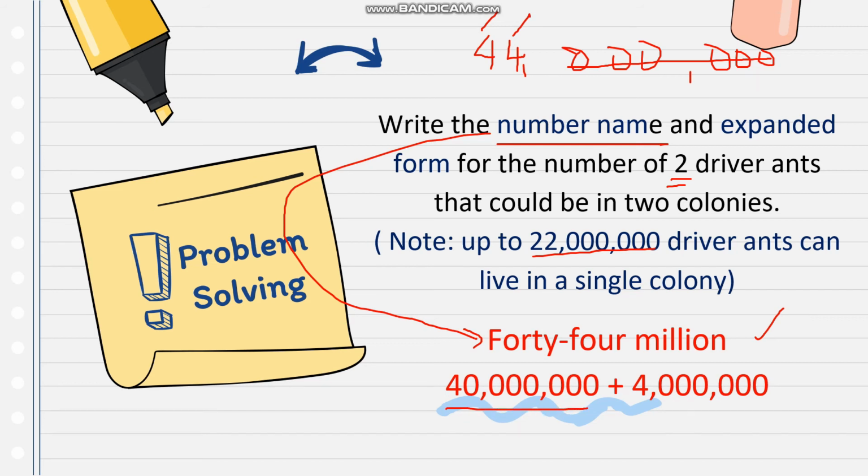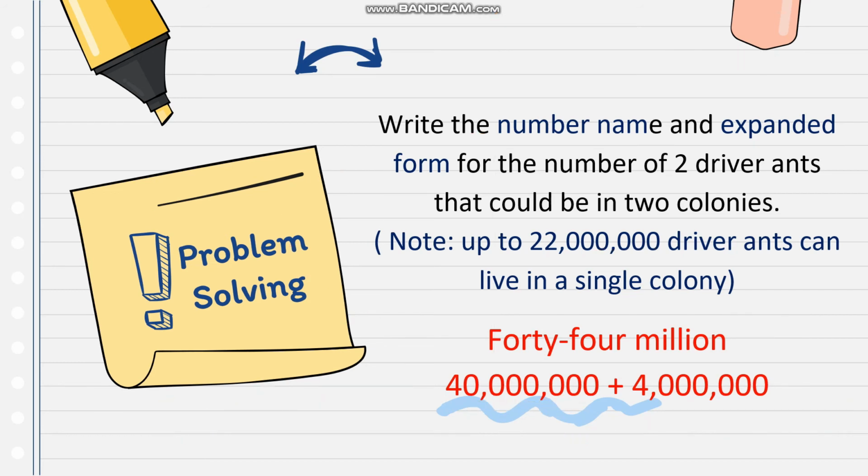Then we have another one, in the 1 million place, so 4 multiplied by 1 million is 4 million. Or you can write it as 4 multiplied by 10 million plus 4 multiplied by 1 million. This is also another expanded form.